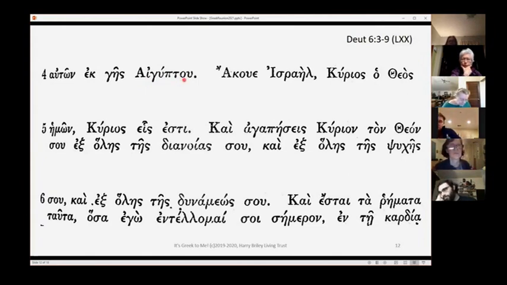And the ou tells you it's genitive. Out of the land of Egypt. So it's land of Egypt. Out of the land of Egypt. And there's your period. That finally got an end of the sentence.